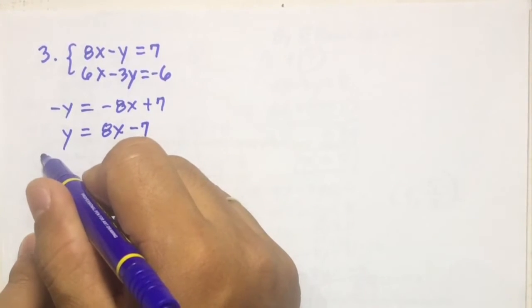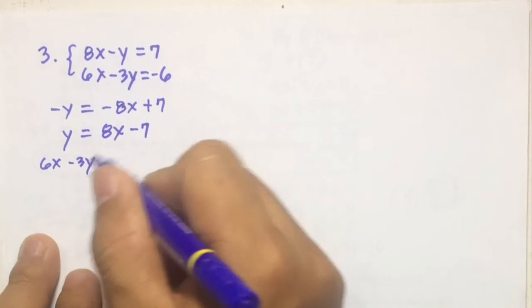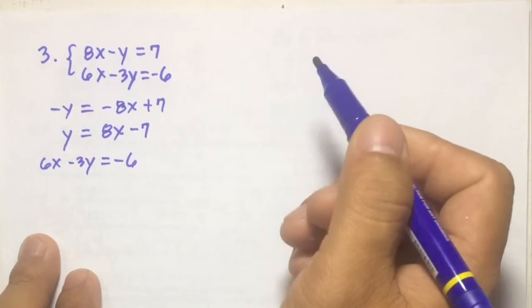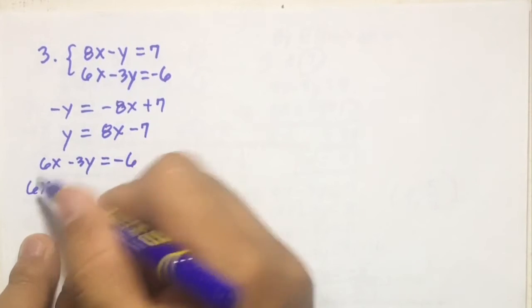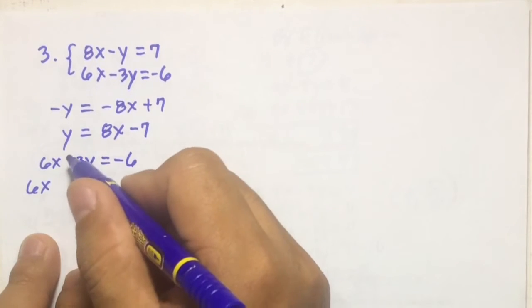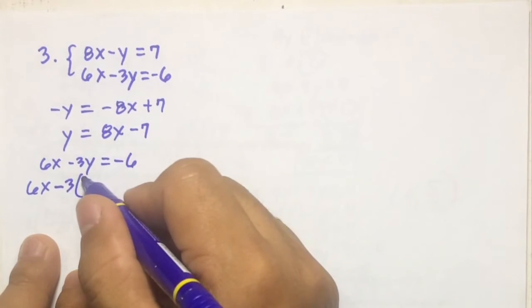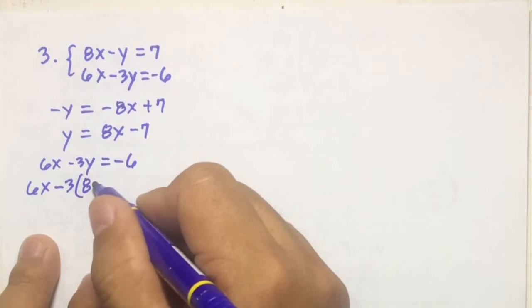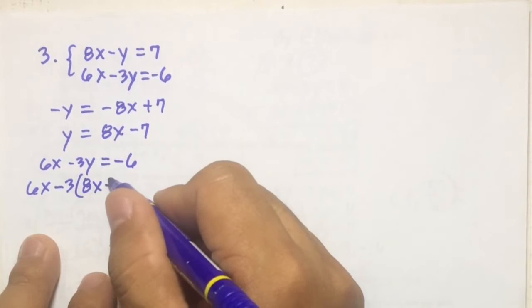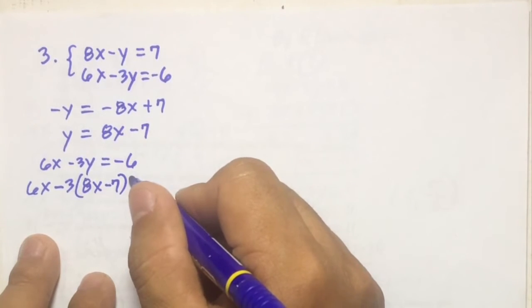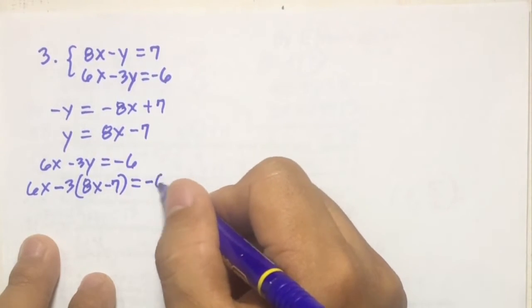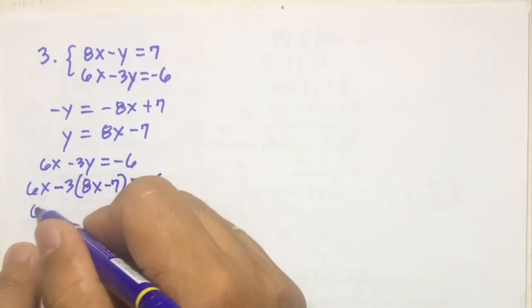So equation number 2 is 6x minus 3y equals negative 6. Then we're going to substitute the value of y. So this will become 6x minus 3 times 8x minus 7. Then this will be equal to negative 6. Then this is 6x.